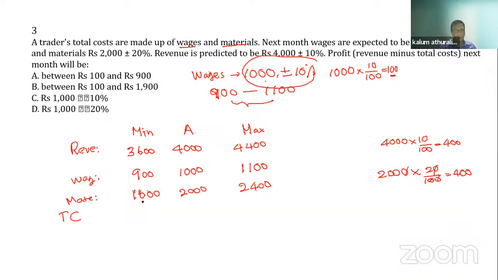Then total cost: the 900 plus 1,600 is 2,500. Average value is 3,000. Maximum value is 1,100 plus 2,400, it is 3,500. Right. Now we know the revenue and the cost. Now we want to find the profit.